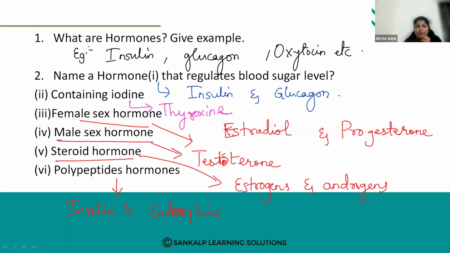I have covered all the types of questions: 1 mark, 2 MCQs; 2 mark, 1 question; and 5 mark, 1 question. The 5 marks is not directly asked; it is split into 2 plus 2 plus 1 or 3 plus 2. I hope you have understood.